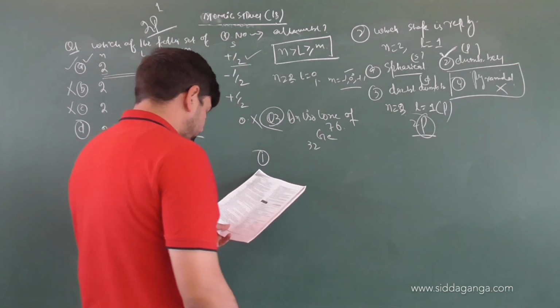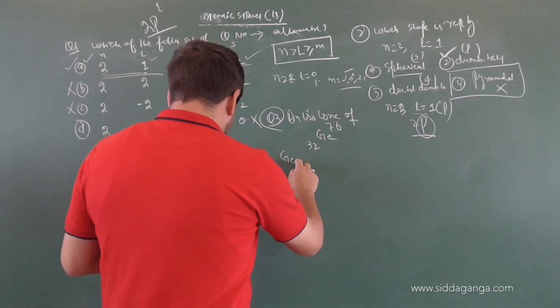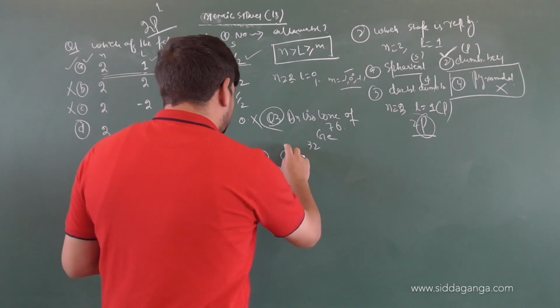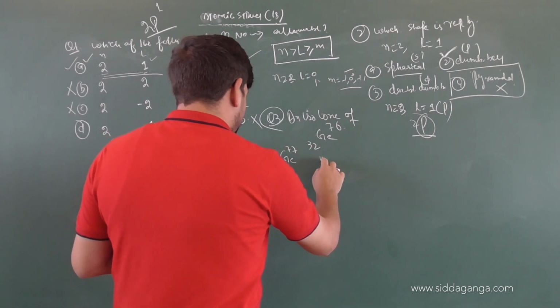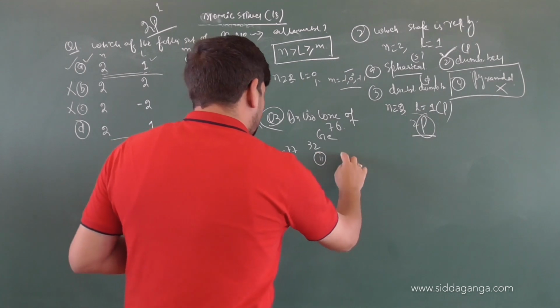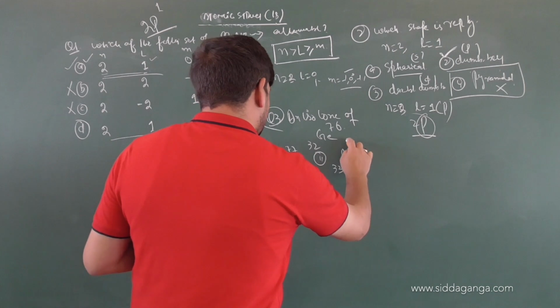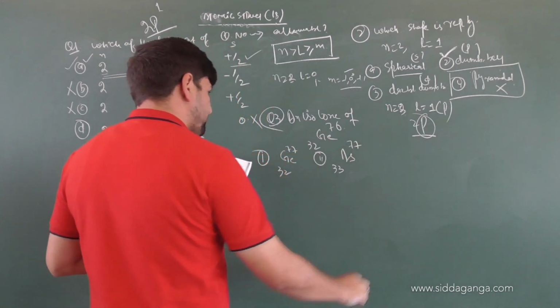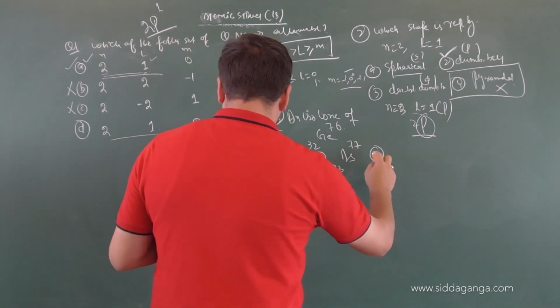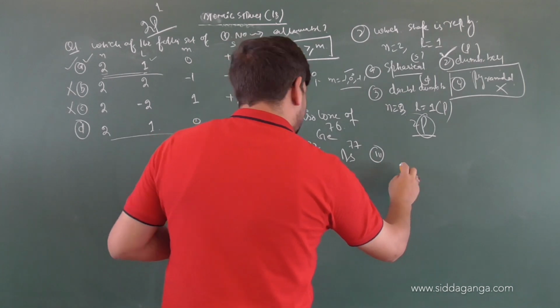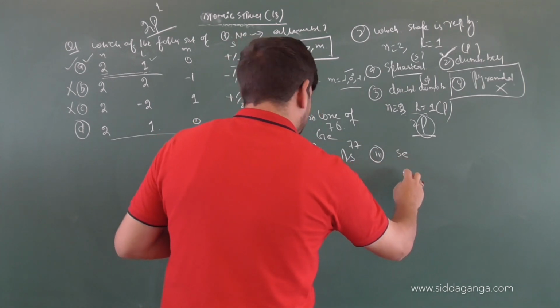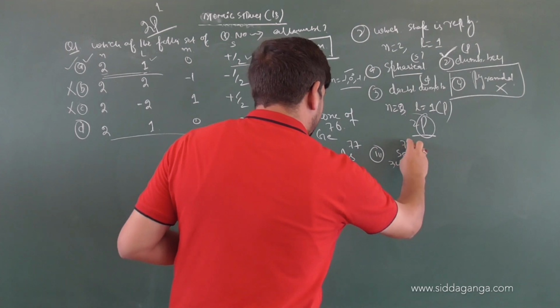Options are germanium 32, 77. Second one is arsenic 33, 77. Third one is selenium Se 34, 77.